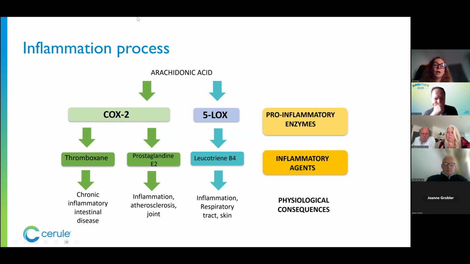How? We know that inflammation is also linked to the activity of several enzymes, COX-2 and 5-LOX. They will produce from arachidonic acid several pro-inflammatory agents, thromboxane, prostaglandins, leukotrienes, that will really promote this inflammation.